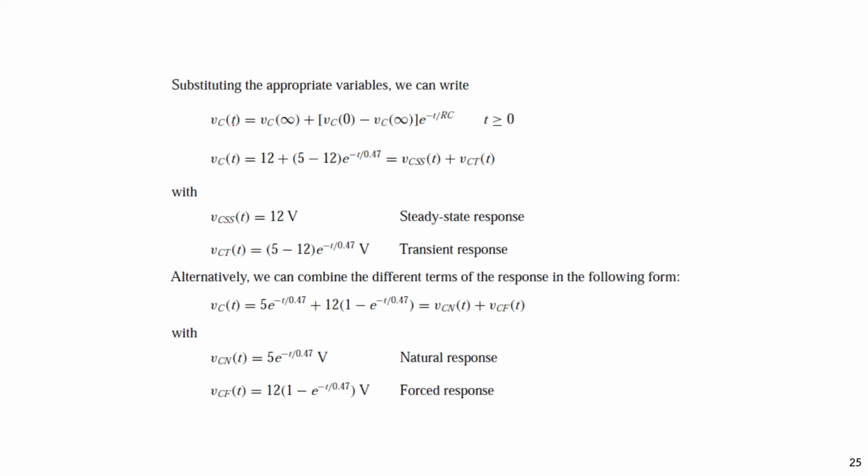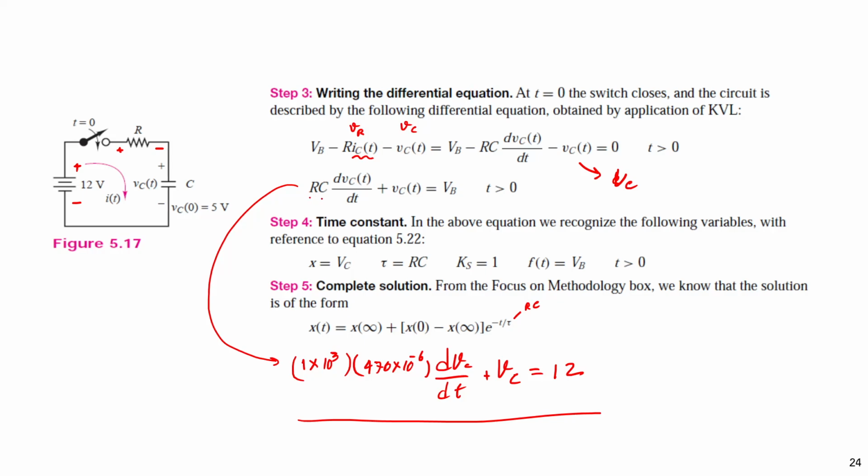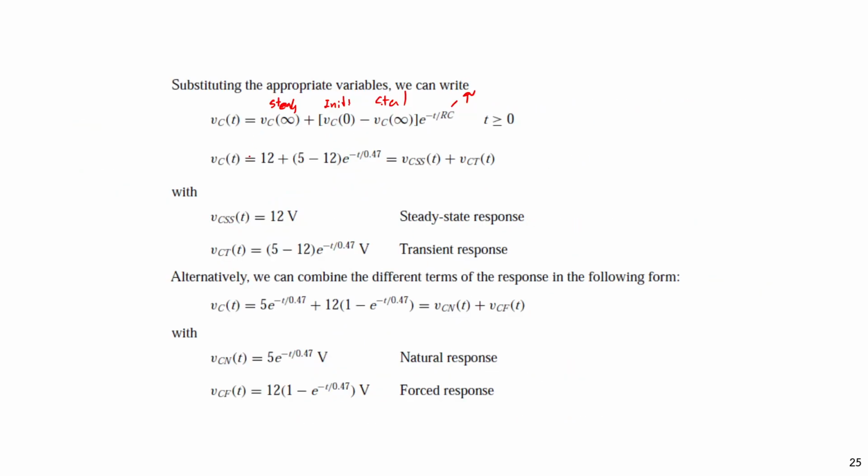Therefore Vc is Vc at steady state plus Vc at initial condition minus Vc at steady state, times the exponential. This is initial, this is steady, and this is the time constant. Then we just substitute.